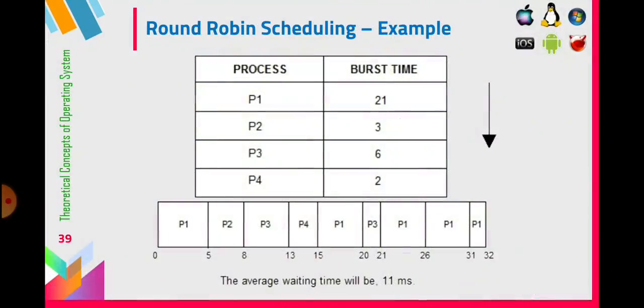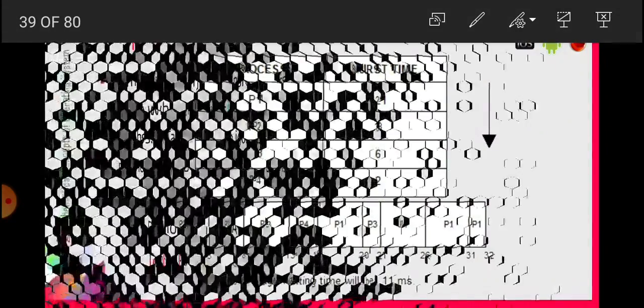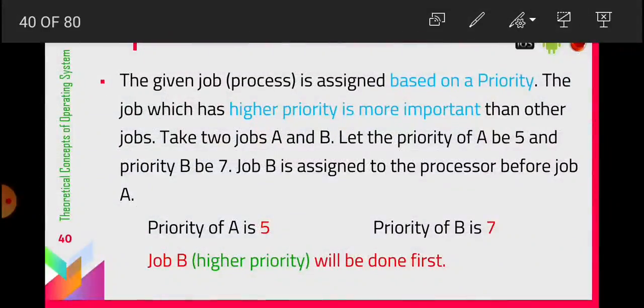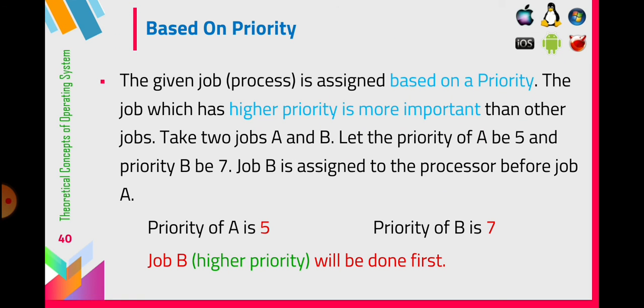Now next we see scheduling based on priority. Based on the hierarchy of the process, the one having higher preference can be processed first.